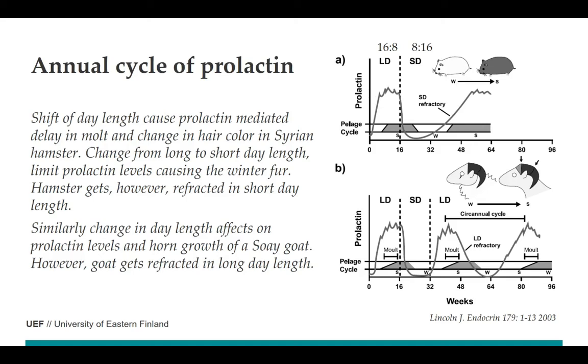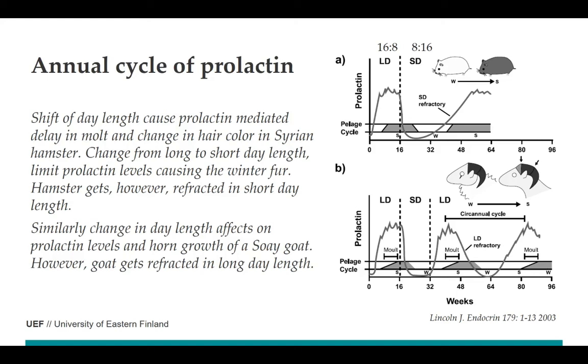But then another example is that prolactin levels affect horn growth in the Soay sheep. Again, when changing to short daylight, the prolactin concentration will drop in the circulation. But if you keep it a very long time in long daylight, meaning a never ending summer, the long daylight refractory happens.